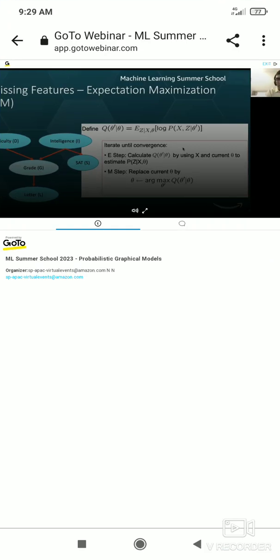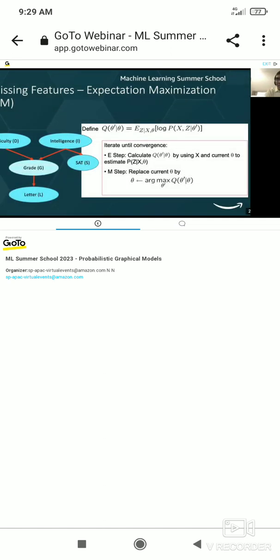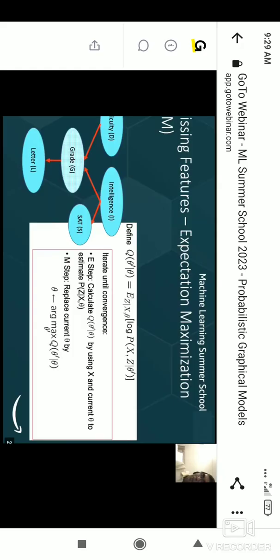So given a parameter set, like I said, let's say you have a training example wherein you have the grade, letter, intelligence, SAT, and so on. You would be able to construct a likelihood for that particular training example, given the set of parameters. But then, what happens if, let's say, one of those features is missing?